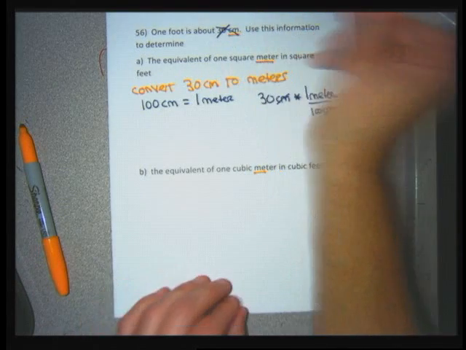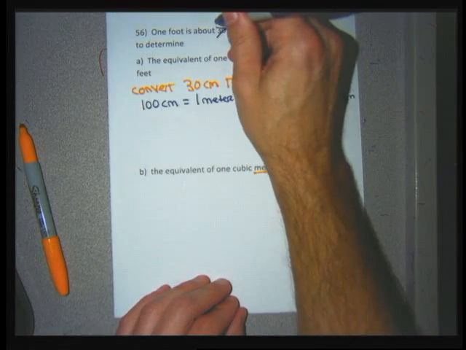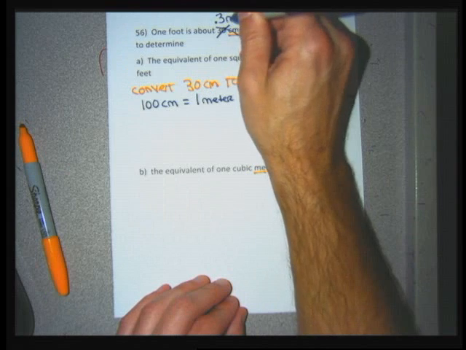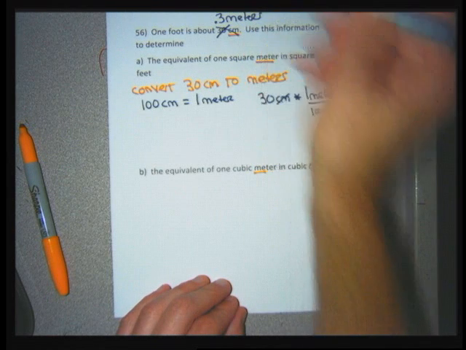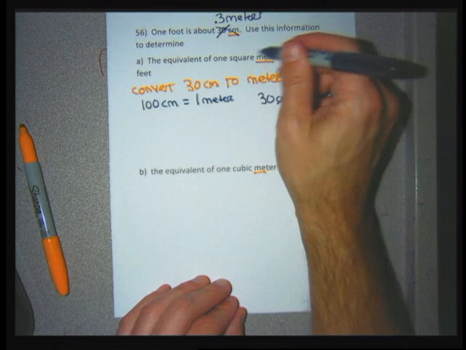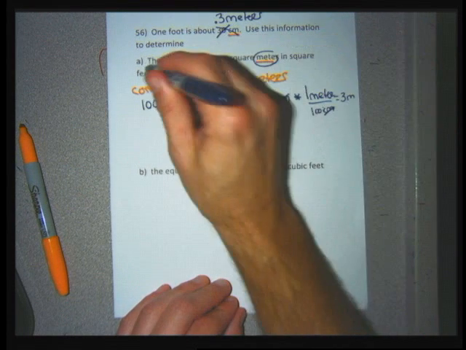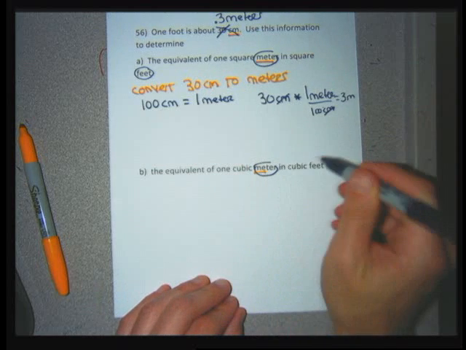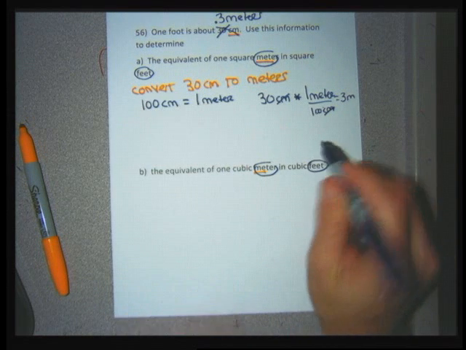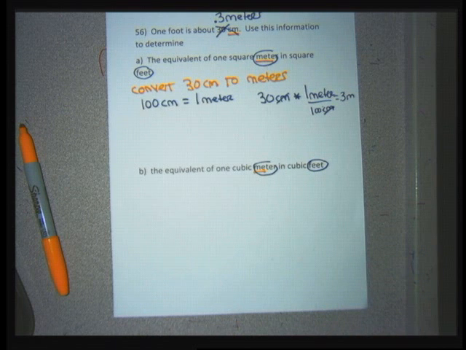So I'm going to modify the information that the author gives me. I'm going to say that 1 foot is about 0.3 meters. And the reason I'm doing this is because the author wants me to convert from square meters to square feet, or cubic meters to cubic feet. So this is the beginning.